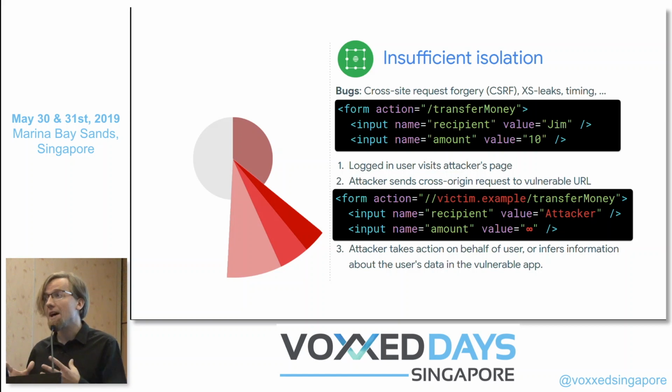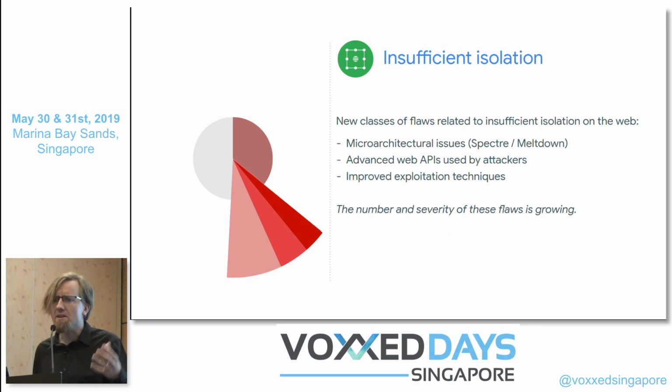And the underlying cause of this is, as I mentioned, the fact that the server cannot tell these two requests apart, right? Because when the attacker submits the form to your server, that form will come with all of the user's cookies because the user is logged in. And this is just one example; there are other types of vulnerabilities that rely on the same principle.